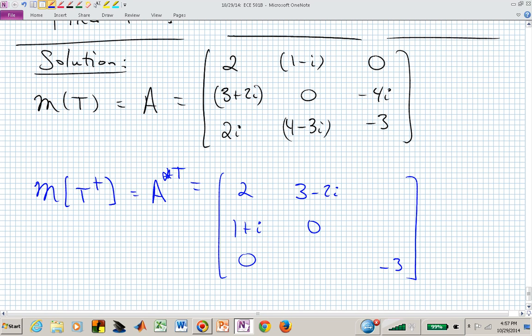What about the 1, 3 entry? Everybody okay with that? How come I didn't get that? Is that correct? So it needs to go a little bit different place, doesn't it?